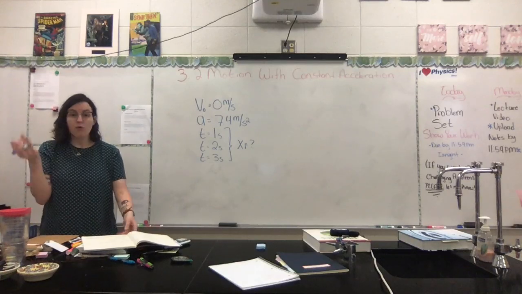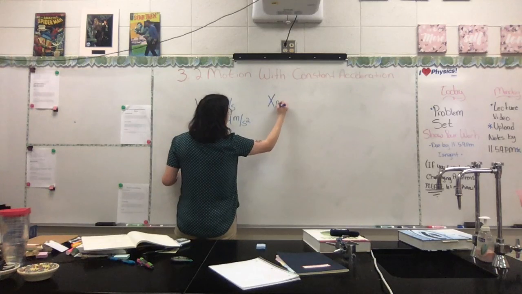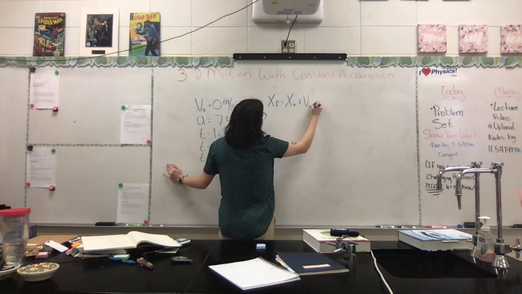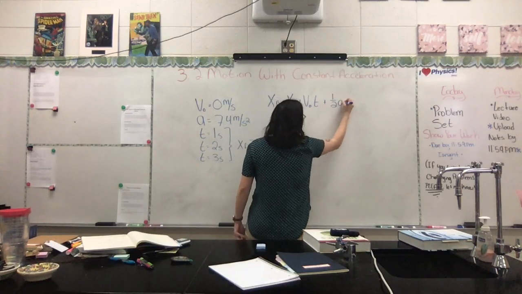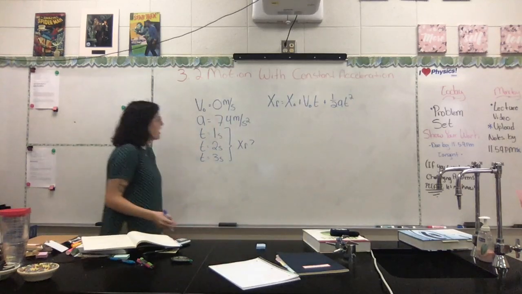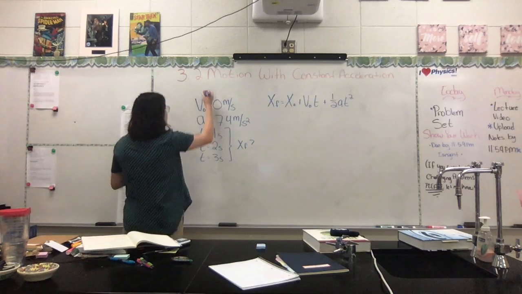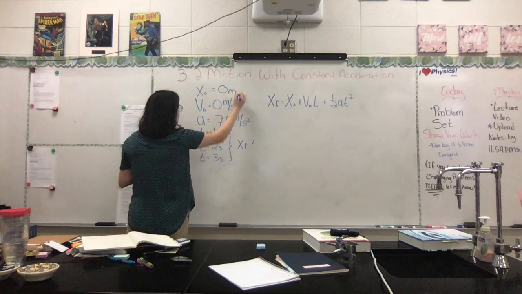Okay. Well, we just learned a new equation, right? We learned that our final position is equal to our initial position plus our initial velocity times t plus 1/2 at squared. All right, well, it didn't tell us where we started from, which means that our initial position is also 0 meters.